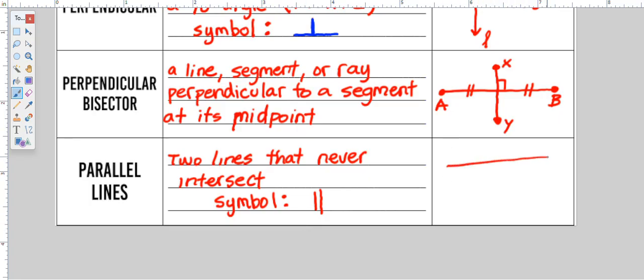So, for example, if I have line L, and I'm saying it's line L, so I'm going to name it line L, and then I have line M, I'm going to call that line M in cursive, then I can say that line L is parallel to line M, okay? This is a way for us to quickly indicate that the two lines are parallel, okay?